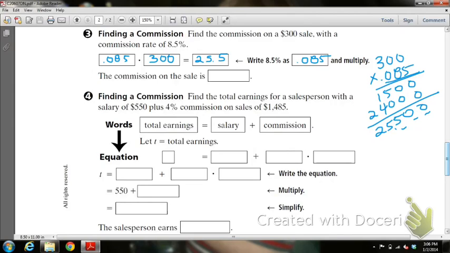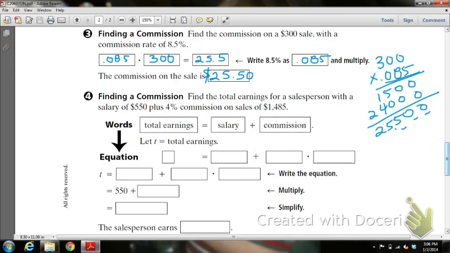So the commission on the sale is $25.50. Put my dollar sign in. If you're a salesperson at a store and you sell an item that costs $300, you earn $25.50 of that as your commission, or the profit that you get to keep.